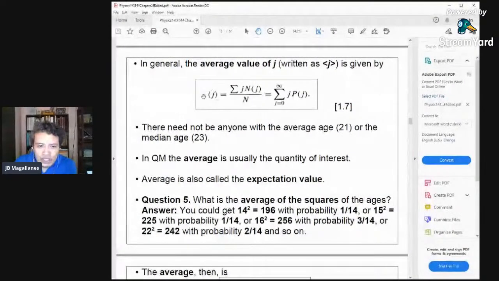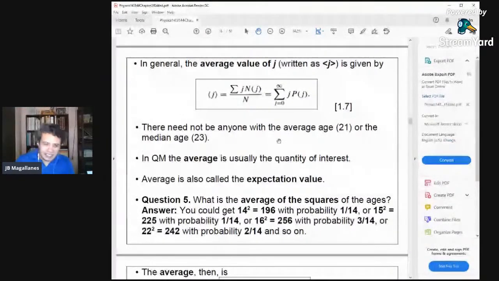This is the average value of j. You can either use this formula, the summation of j times the number of occurrences of j divided by the total number n, or this is just equal to the summation of j times the probability of occurrence of j, where j starts from 0 to infinity.